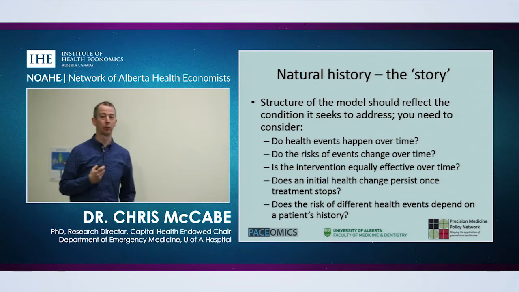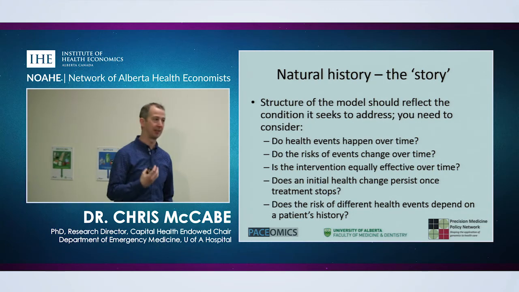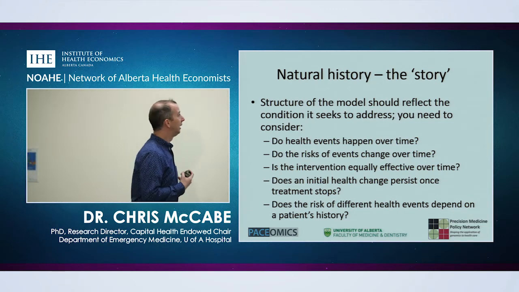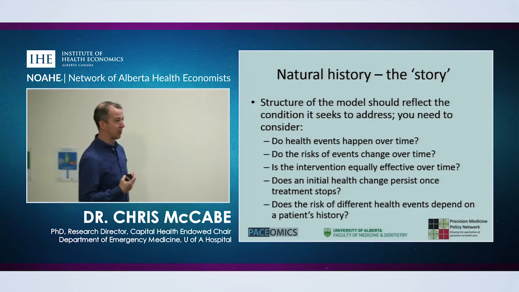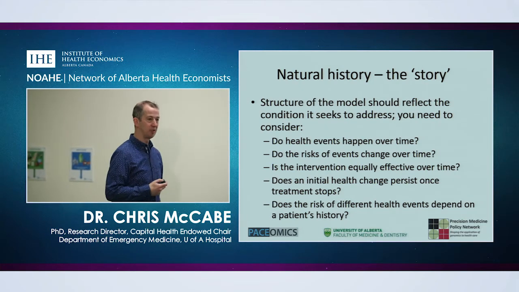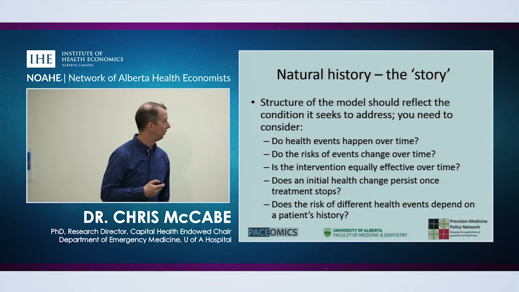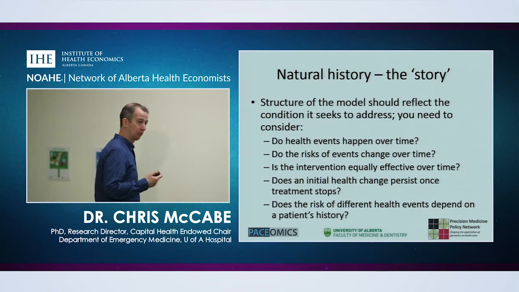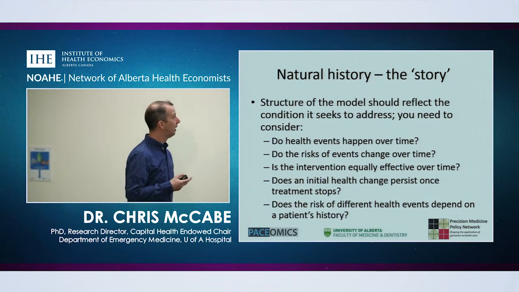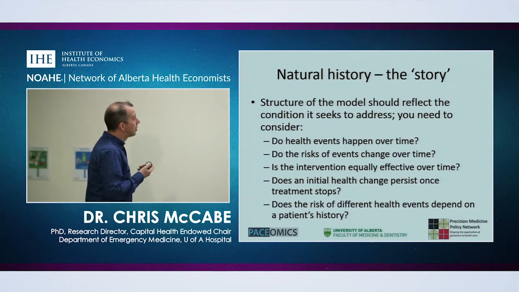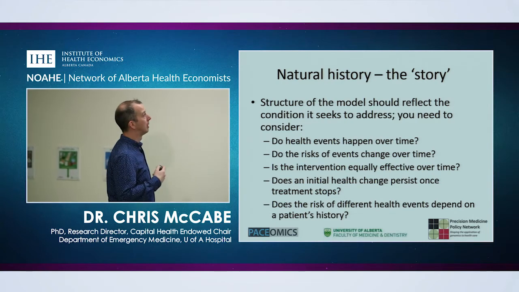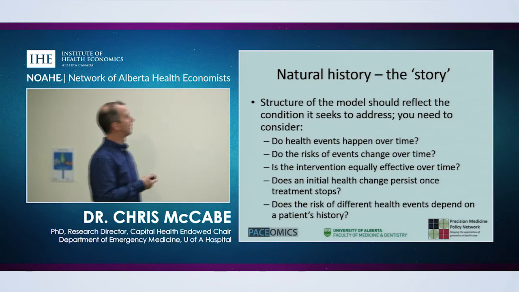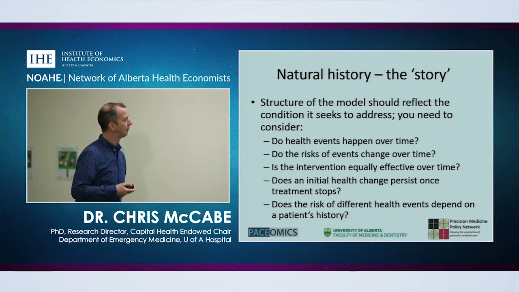A lot of the monoclonal antibodies we see coming out in cancer, there's a concern that actually the tumour cells develop some resistance. We see it in rheumatoid arthritis, the biologics for rheumatoid arthritis as well, and in multiple sclerosis. So the longer you're on the technology, it may be you're less effective. Do you know the answer to that? Does your model allow you to capture that?